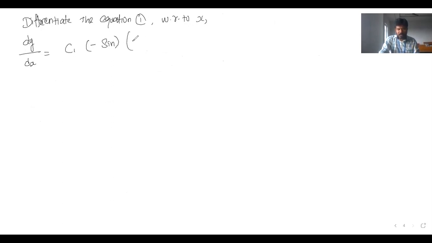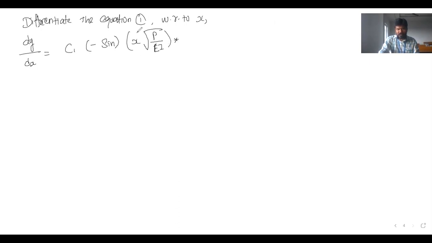So differentiating equation 1 with respect to x, dy by dx is equal to C1 into minus sin of x into root under P by EI.